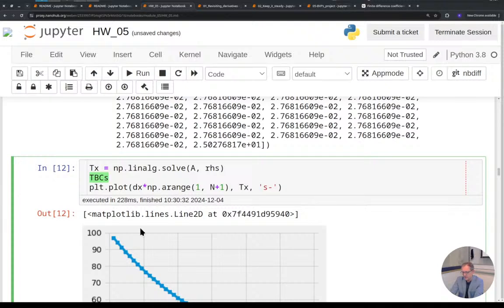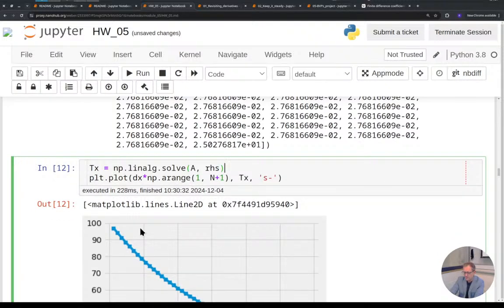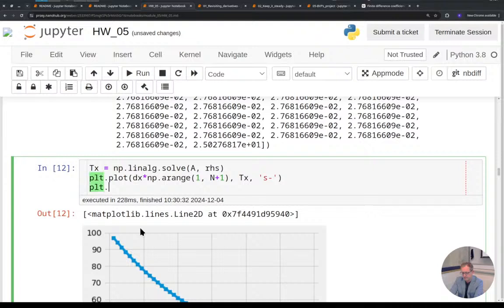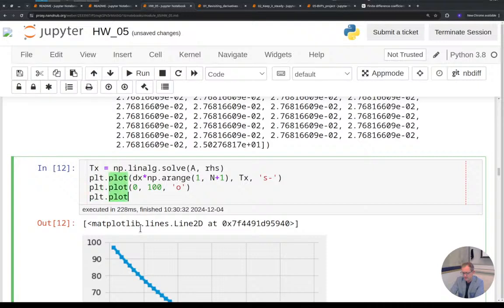the boundary conditions. Well, I mean, we could just plot them, right? We could say at 0, make a 100, and that's going to be a circle. And then we could say at 0.06, that's going to be 25, and that'll also be a circle.